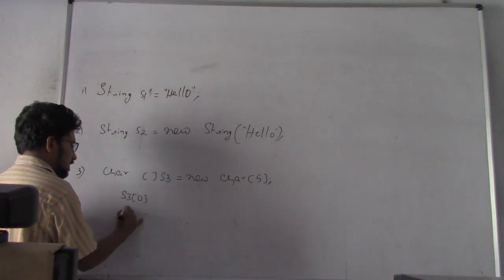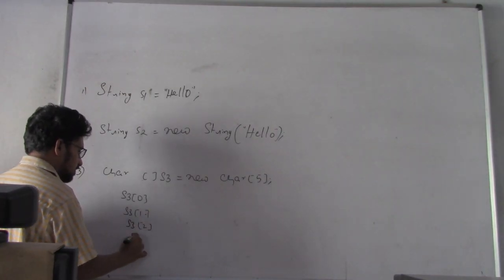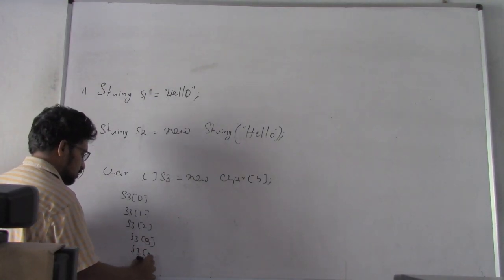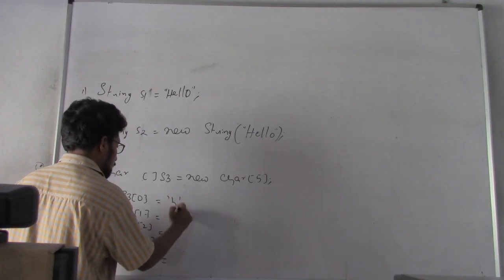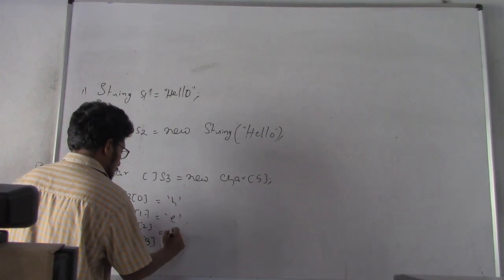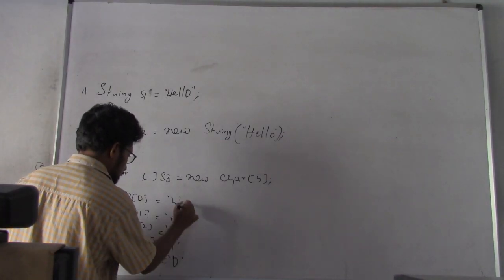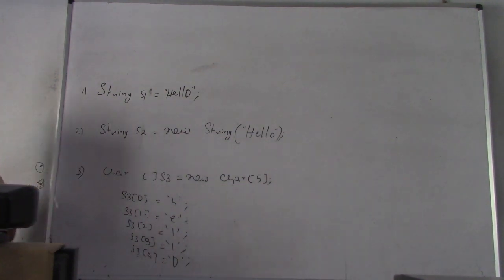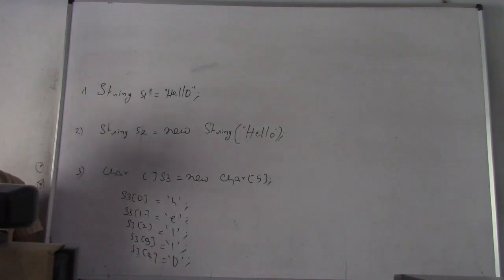S3 of 0, S3 of 1, because that is the fundamentally default index, right? Either first this way or a character.